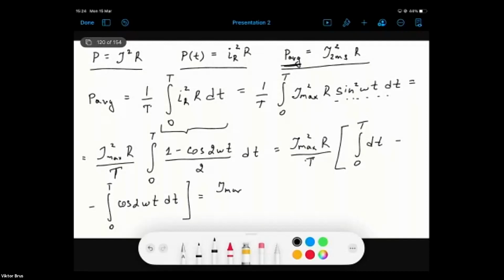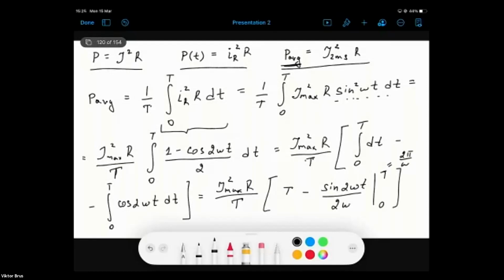I maximum squared times R divided by T. Here will be just T, and here will be minus sine 2 omega t divided by 2 omega, from 0 to T. So we need to recall that the period is equal to 2 pi divided by omega.